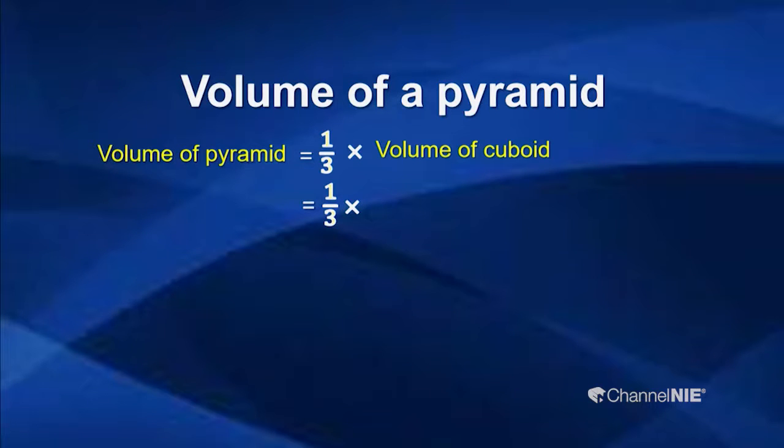We already know how we find the volume of a cuboid: length into breadth into height. That is the way of finding the volume of a cuboid. If you can find that volume of the cuboid, when we take one third of it, it is the volume of the pyramid. Then we know that.